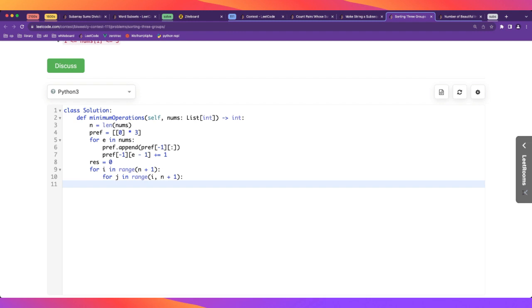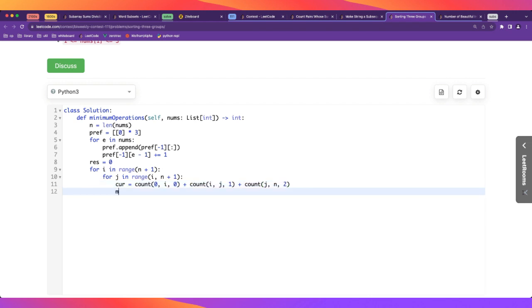So now we want to compute the cost, and let's count how many zeros there are in the range 0 to i, how many ones there are, and how many twos there are, it's zero-based.